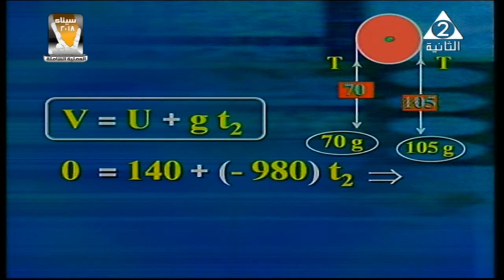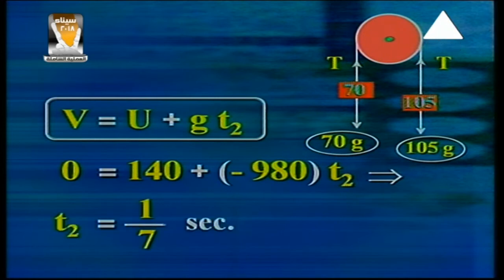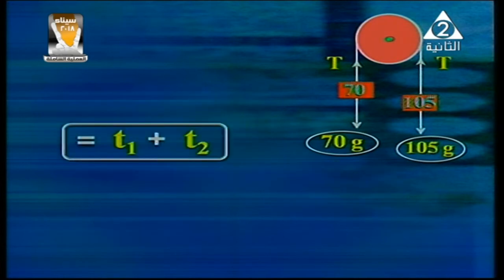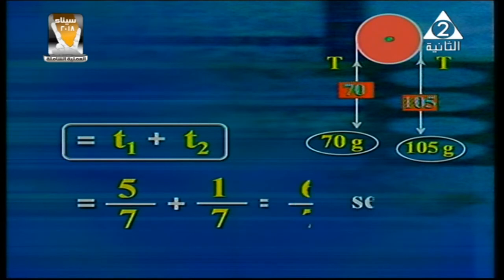This 140 is the velocity of the system, plus negative 980, the direction of acceleration, times t2, then t2 equals 1/7 second. After that, we find the total time t of the system: 5/7 second plus 1/7 equals 6/7 second.